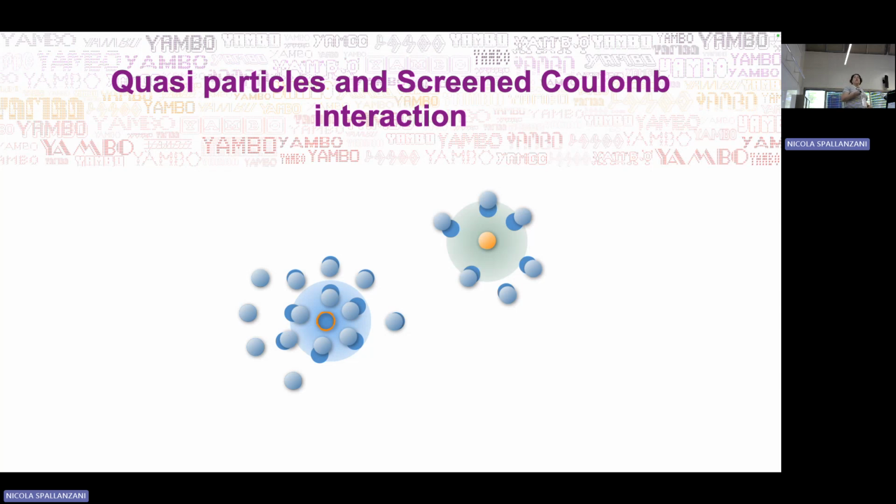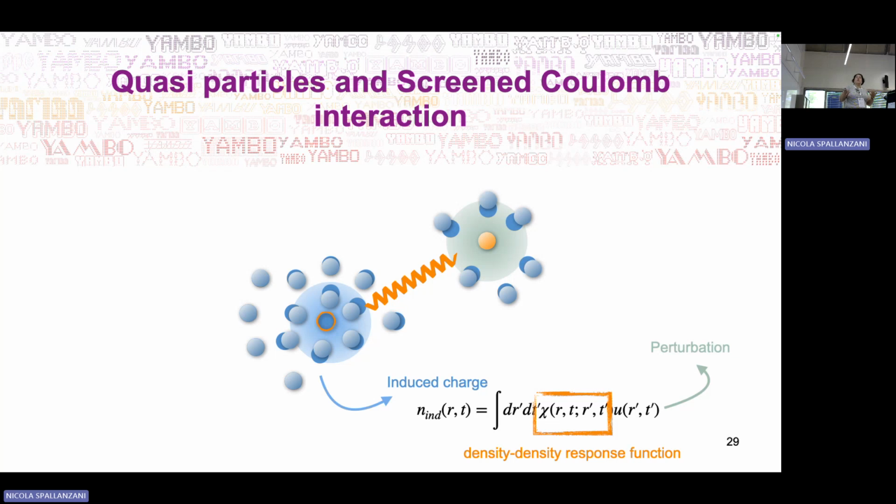And it's convenient to think of the interaction between quasi-particles, to treat the interaction of these quasi-particles not with the Coulomb interaction, but precisely with an interaction that is screened by the other electrons, by the other particles in our medium. And here, maybe this was treated yesterday. So how do we do this?